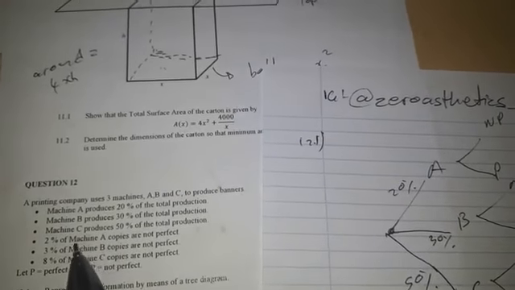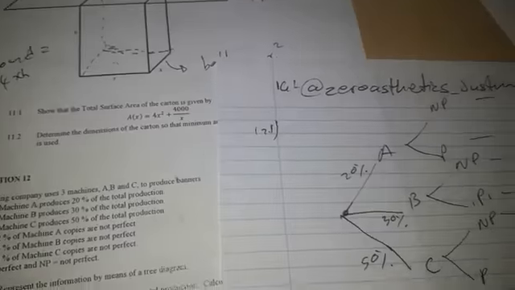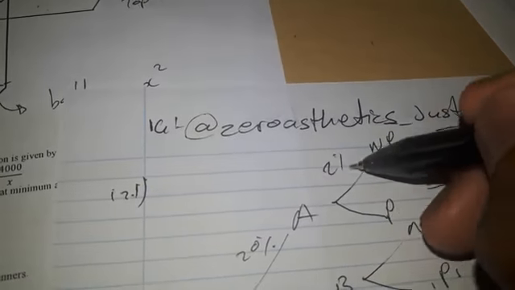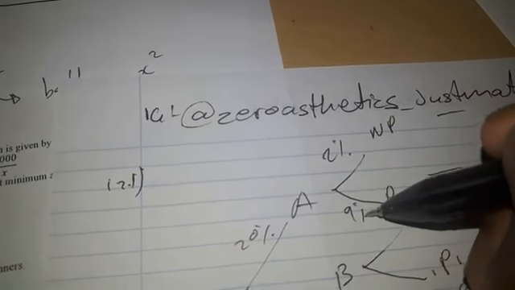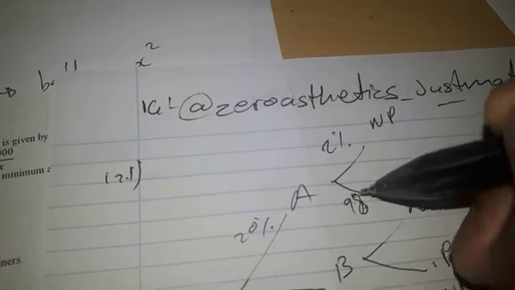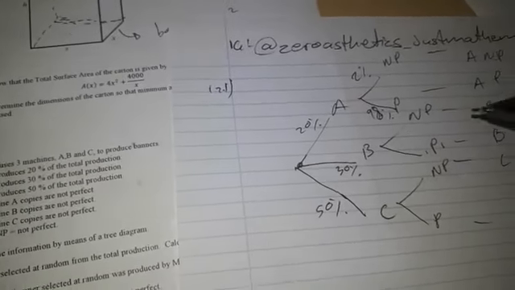For A, not perfect is 2%, so 98% is perfect. For B, they say 3% is not perfect.